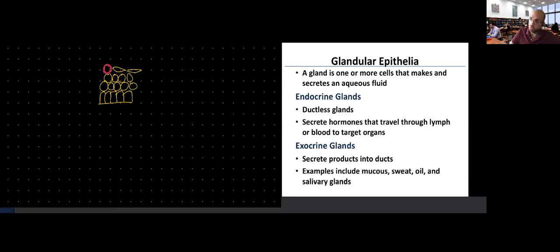And remember, we call this type of epithelium by this name because it has the ability to change the shape of its cells to allow stretch to take place. If you remember, this was my transitional epithelium.